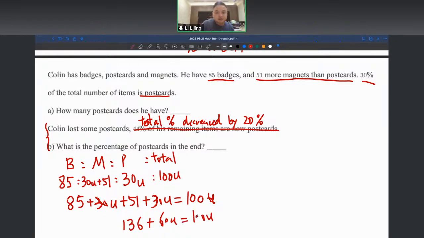So 40U equal to 136. And you can find 1U using 136 divided by 40. Is it 13? Okay, 85 plus 51, 136.